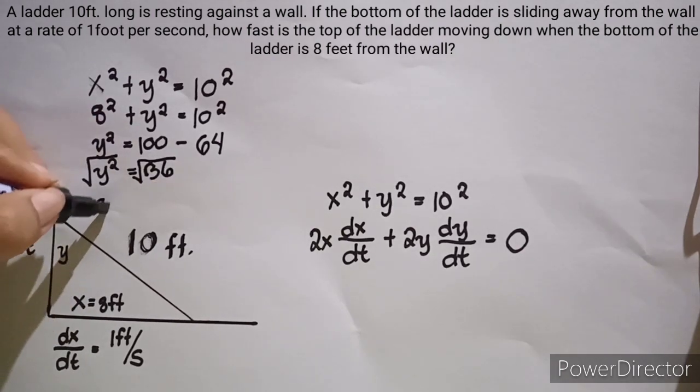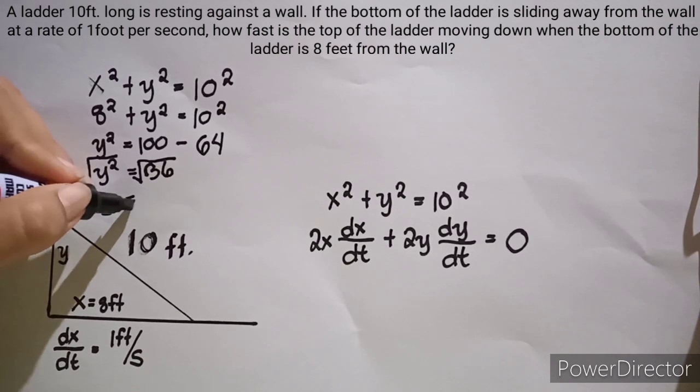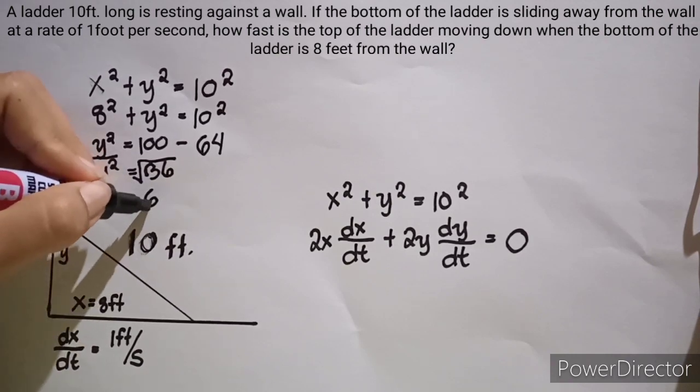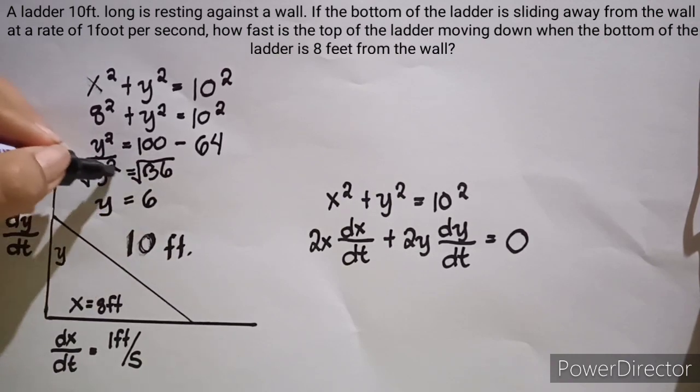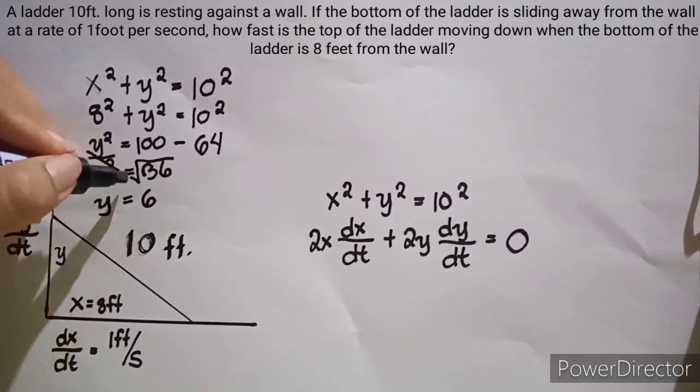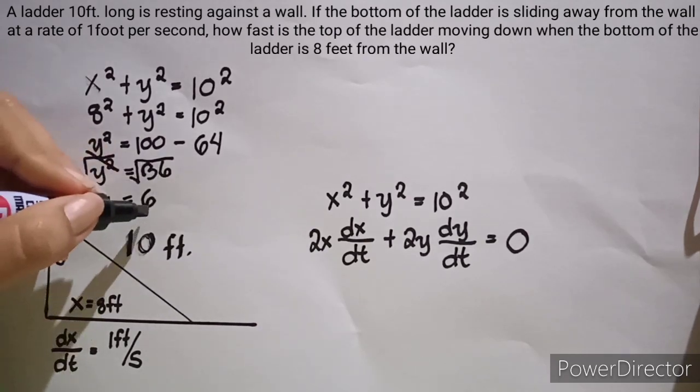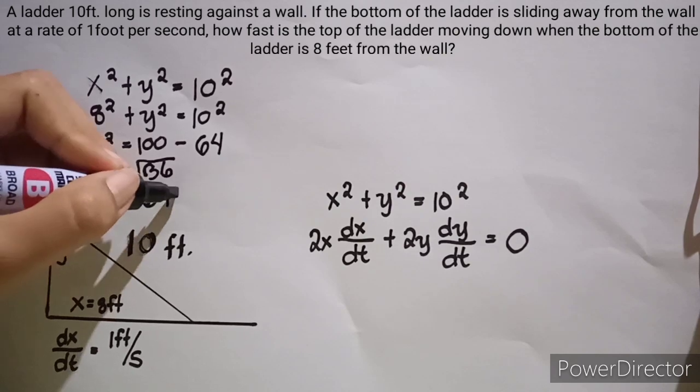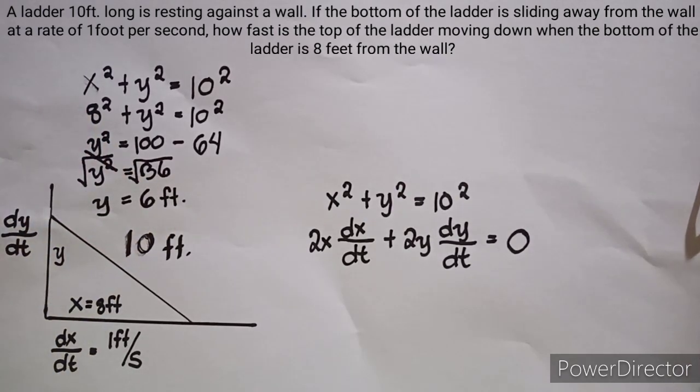To find the value of y, take the square root. The square root of 36 is 6. So y is equal to 6 feet.